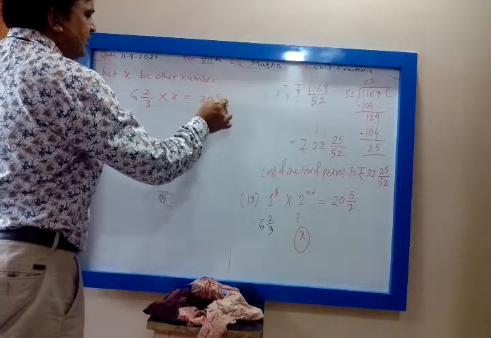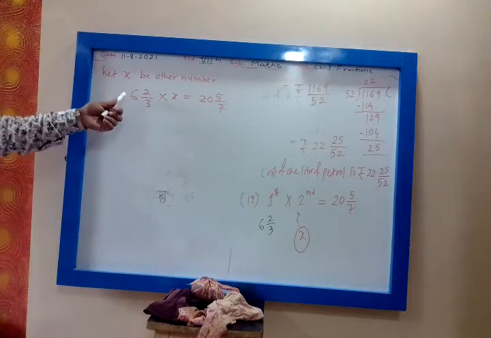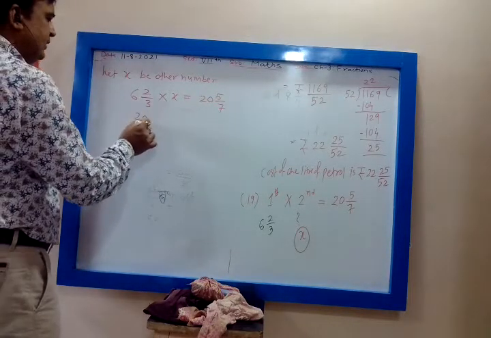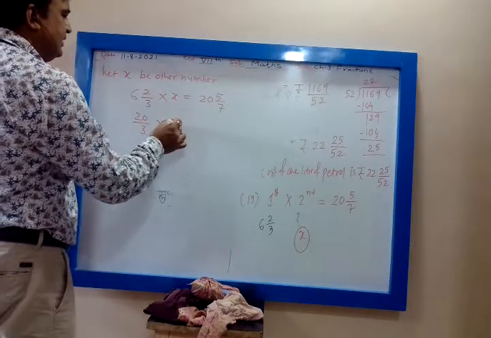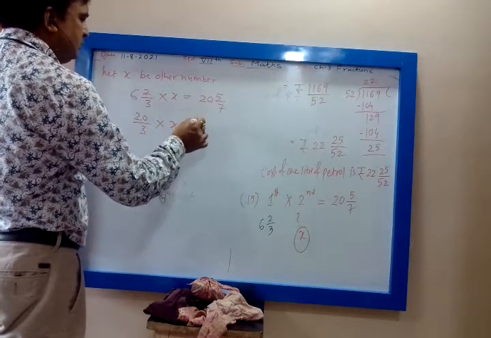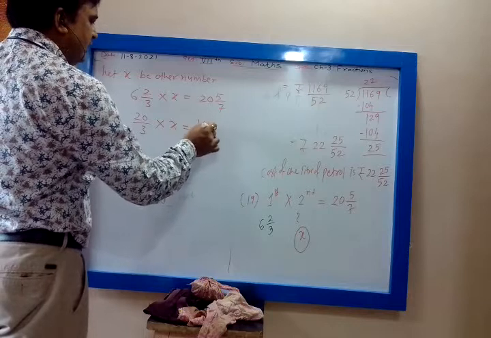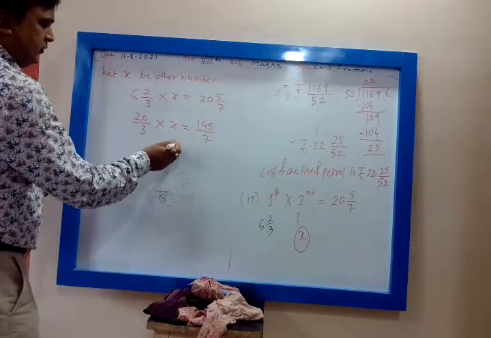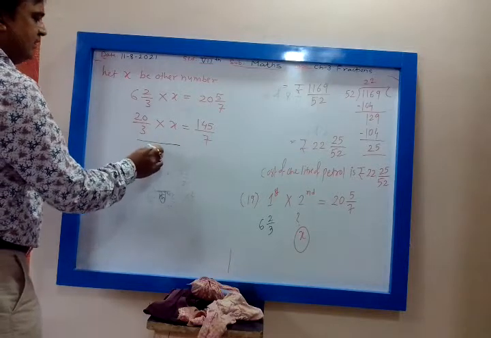This is the equation. Now simplify. 6 2/3 is 20/3. 20/3 into x is equal to 145 upon 7.